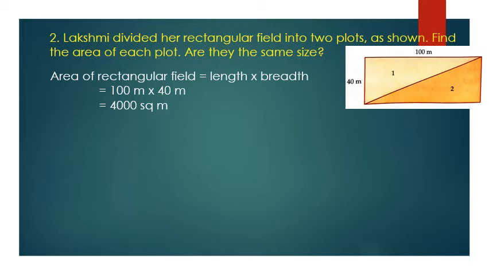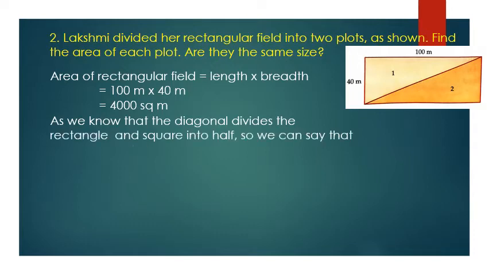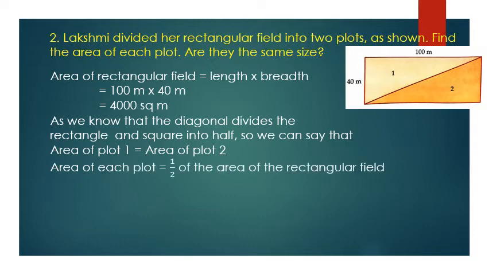Now children, as we know that the diagonal divides the rectangle and square into half, so we can say that the area of plot 1 is equal to the area of plot 2, right? And the area of each plot is equal to half of the area of the rectangular field.